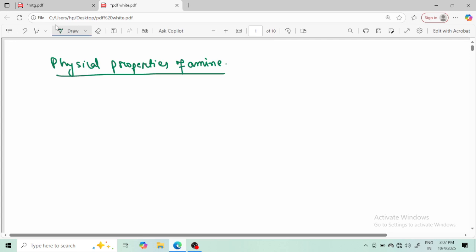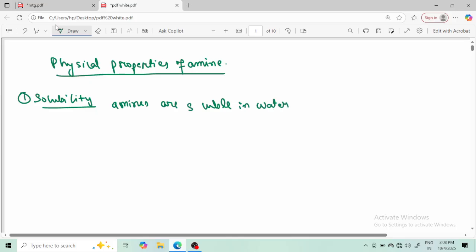So the first physical property that we will be doing is solubility. So basically amines are soluble in water, okay. Amines are what?